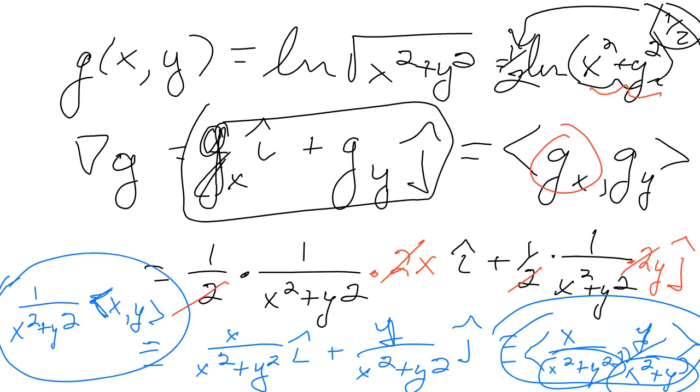So that is an alternate correct form of an answer. Any of these are correct representations of what the gradient of g is. And like I said, just adjust your notes. So grad g is not f sub x, it's g sub x i plus g sub y j.